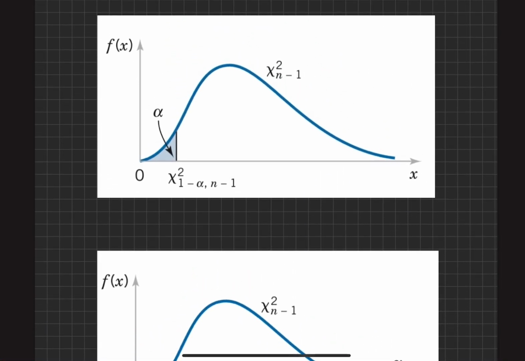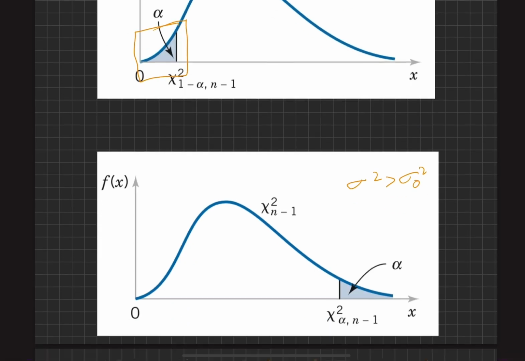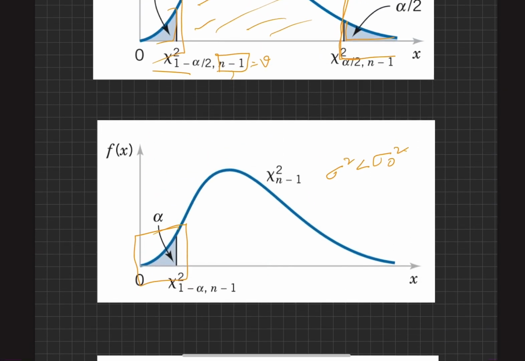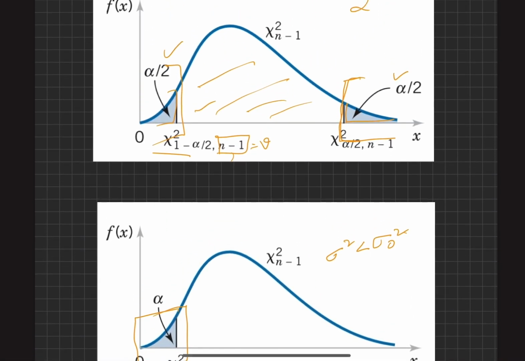This graph is corresponding to sigma square less than sigma naught square. That's a lower tail. In the left side part, we'll have a rejection region, and corresponding to sigma square greater than sigma naught square, we'll have the rejection region in the right side part. So in the two-tailed test, the entire rejection area will be divided into two parts, left side and right side.